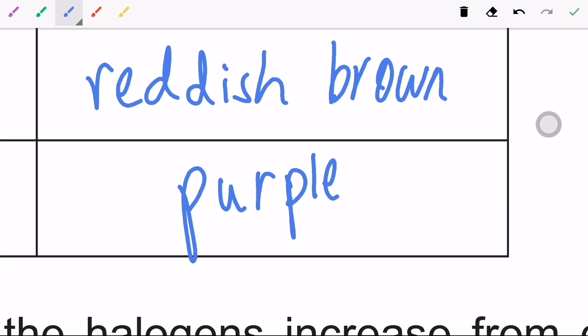Briefly explain why the melting points of the halogens increase from chlorine to iodine. So what do you think that is? It's due to van der Waals forces, right?